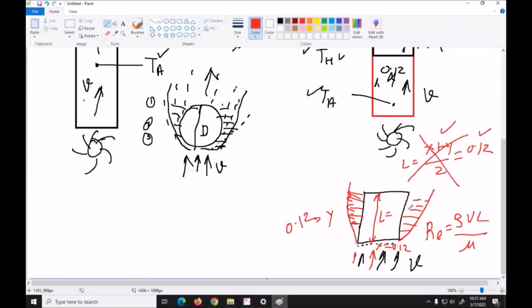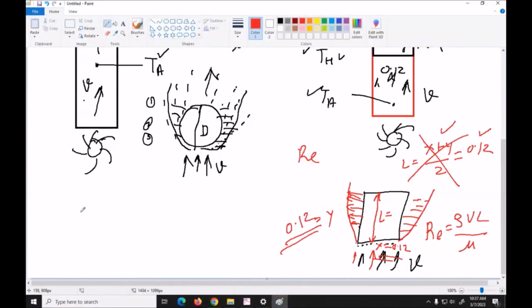So this formula will give the same answer. But remember, we have to consider this L. This is a square plate, that's why we are getting the same L. But if it is a rectangular plate, the L will be different and your answer will be wrong. So the important thing is to consider L as the distance Y, the height of the plate.